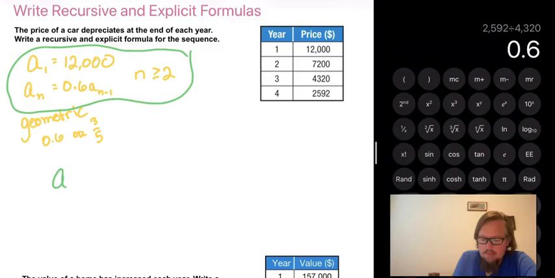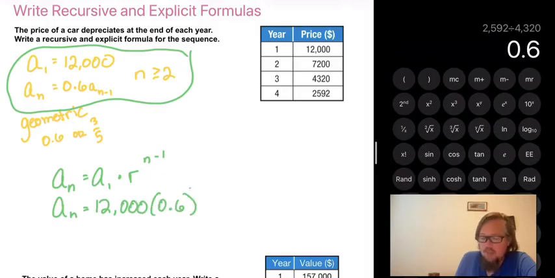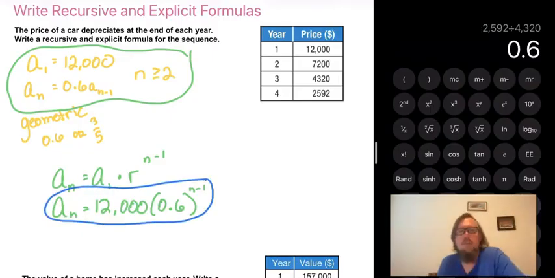So it's a sub n equals, and then if you've forgotten, it's the starting amount, a sub 1, times the recurring ratio to the n minus 1 power, which in this case is going to be 12,000 times 0.6, or 3/5 if you like fractions, to the n minus 1 power. And that is what's known as the explicit formula.